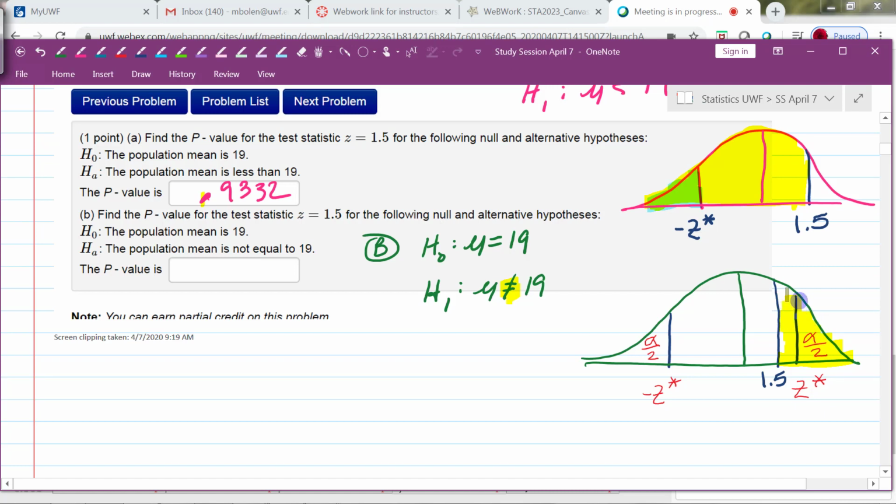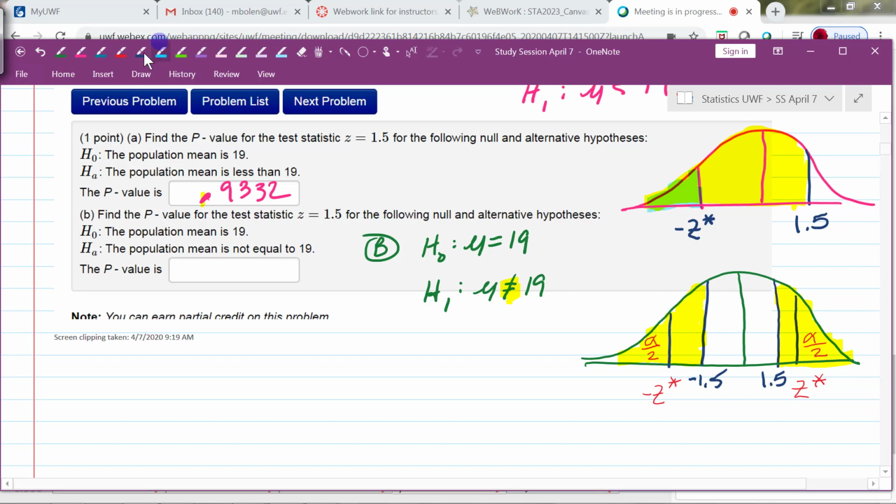So in this case, I'm going to highlight to positive infinity, because positive infinity is closer than negative infinity from my test statistic. But because it's a two-tailed test, I have to multiply this by 2, and I must also plot negative 1.5 and then highlight to negative infinity over here also. That is my p-value.